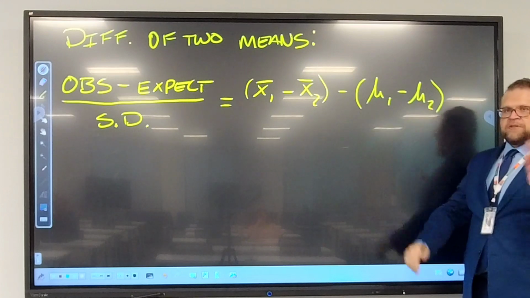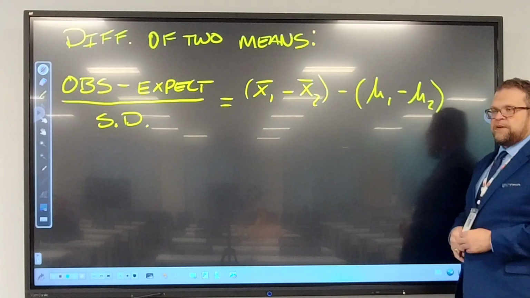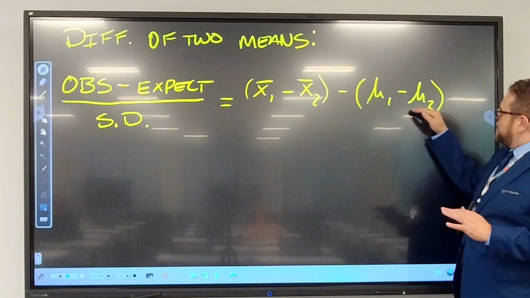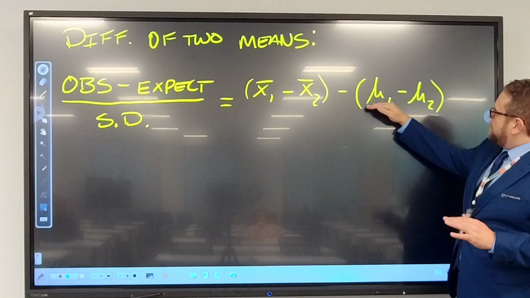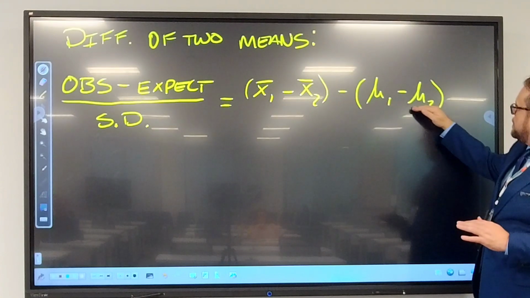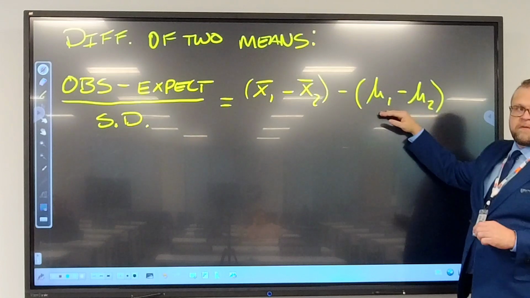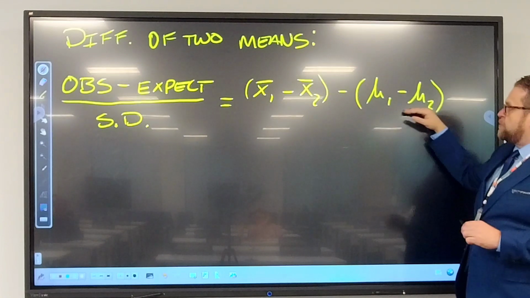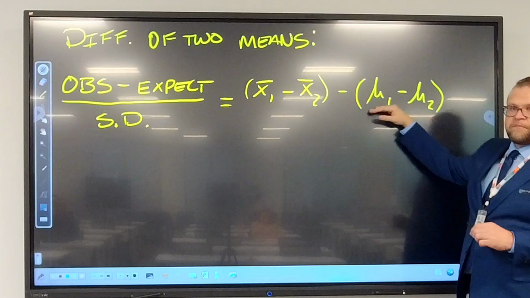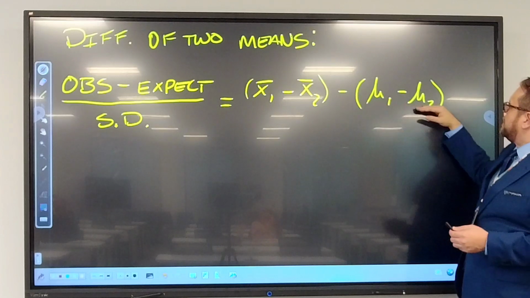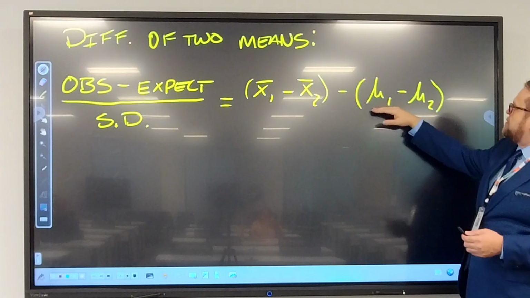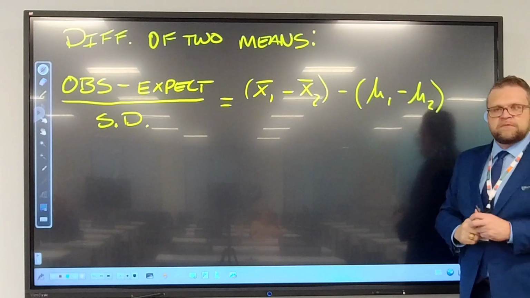If I didn't change anything and the students aren't different, then mu1 minus mu2 would be 0, because there would be no change. So I might say the initial hypothesis is that mu1 minus mu2 equals 0.